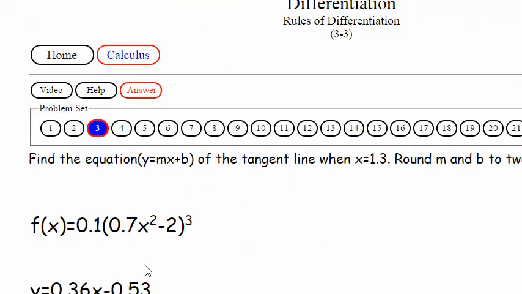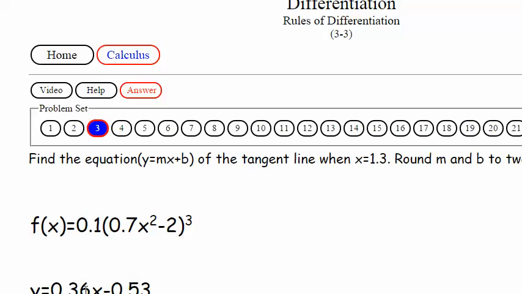So there you go. Now let me just say something here quickly. In the script, to come up with this actual answer right here, it goes out to like 10 decimal places when I solve for m, and then to get b it goes out to like 10 decimal places, and then of course I round to 2 decimal places on m and on b.